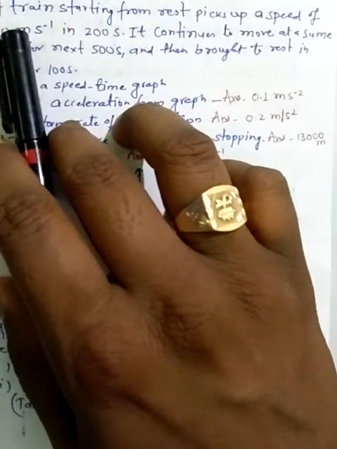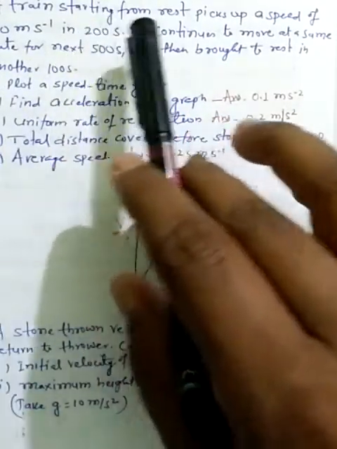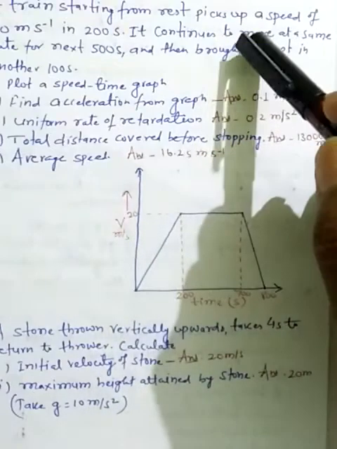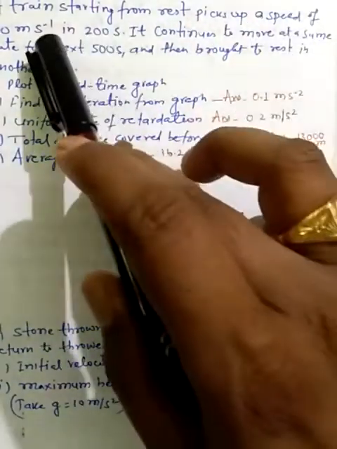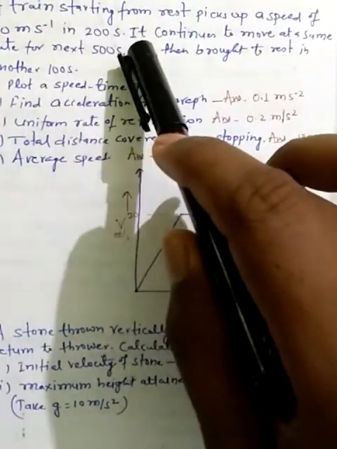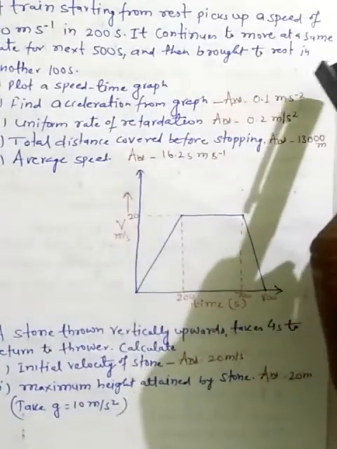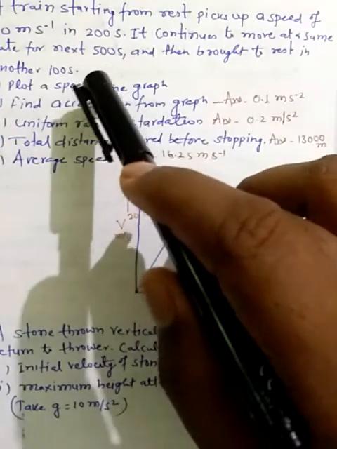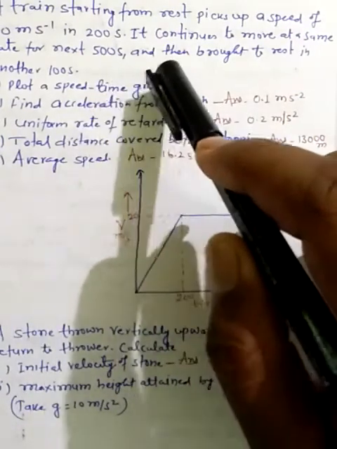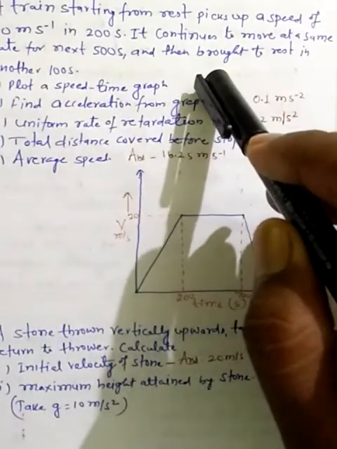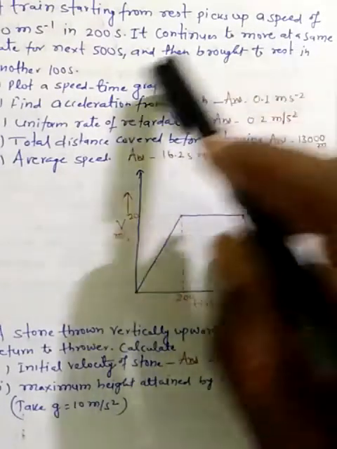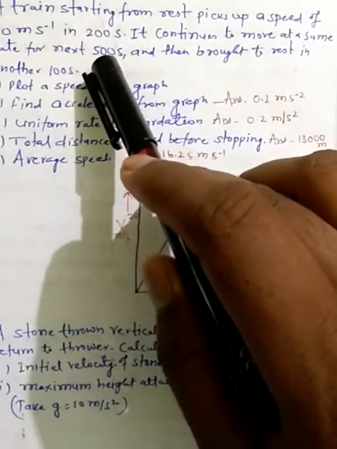The question states that a train starting from rest picks up a speed of 20 meter per second in 200 seconds. It continues to move at the same rate for the next 500 seconds and then is brought to rest in another 100 seconds.